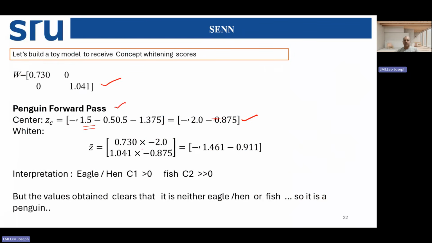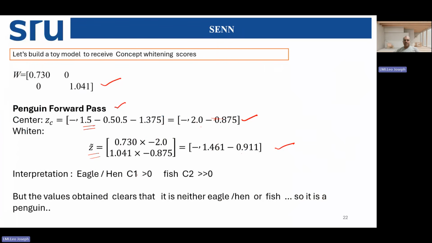Same value. Now what I am doing, I am multiplying this with the whitened values. 0.730 into minus 2, 1.041 into minus 0.875. So what I am getting: minus 1.461, minus 0.911.